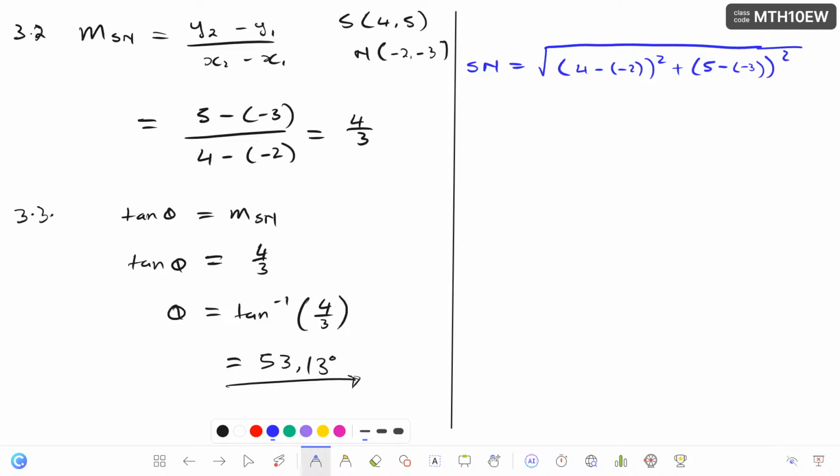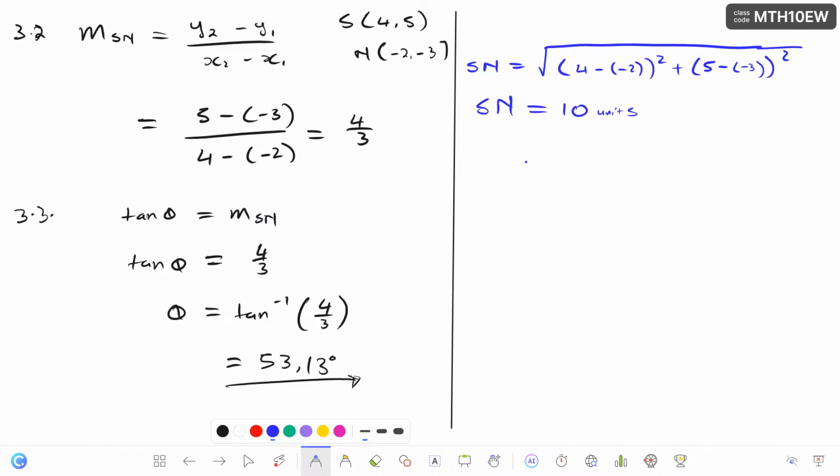So negative 4 minus 2 squared plus 5 minus 3 squared. So I get my distance as what? 10 units. So distance Sn is going to be 10 units.